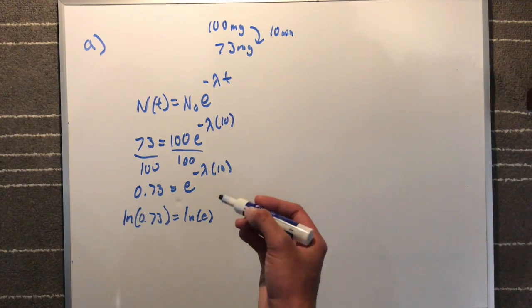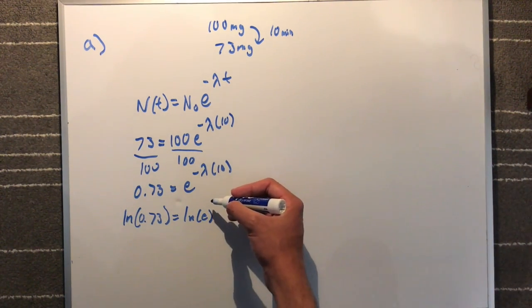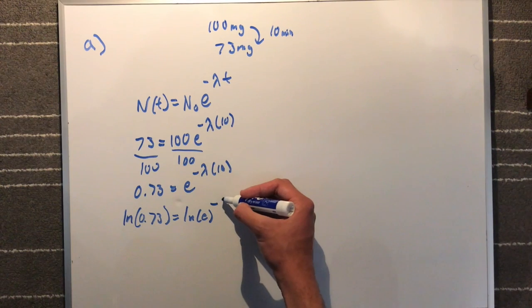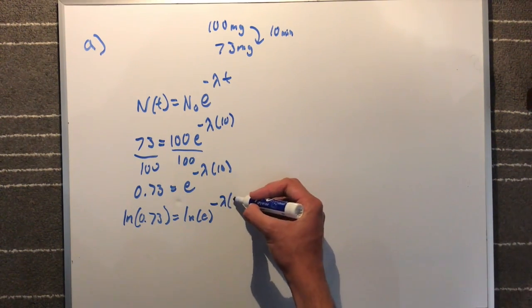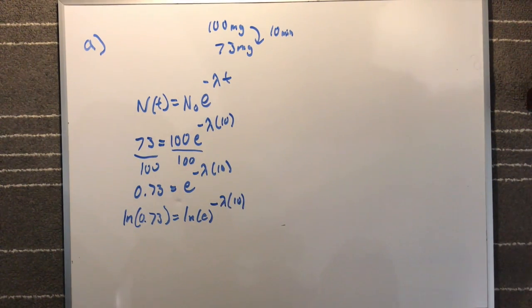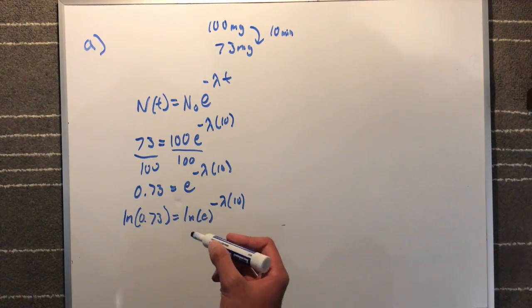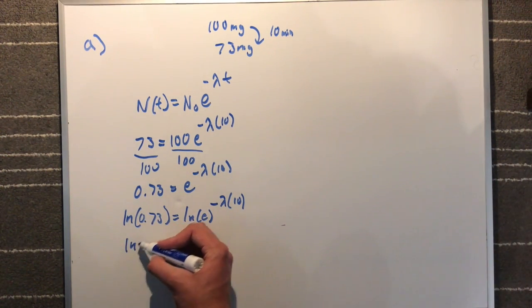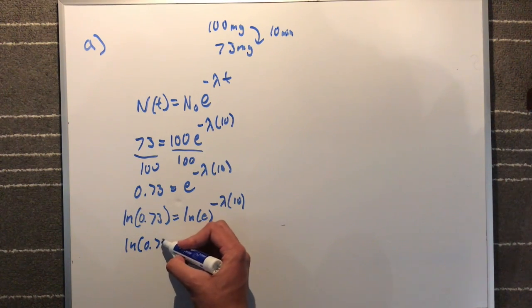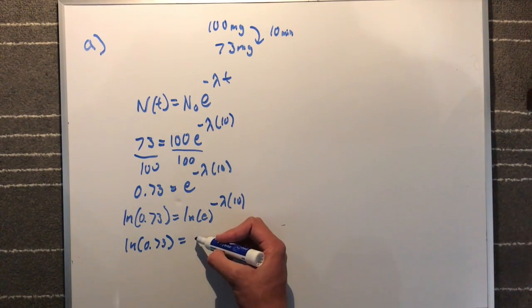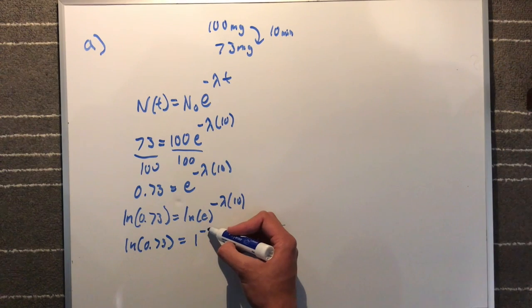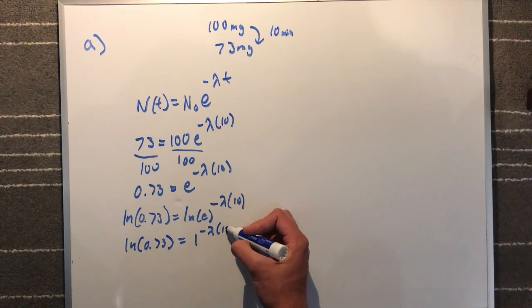Now ln e is equivalent to 1, so we're going to write 1 there, times the negative of the disintegration constant times 10. So ln of 0.73 equals 1, to the power of the negative disintegration constant times 10.